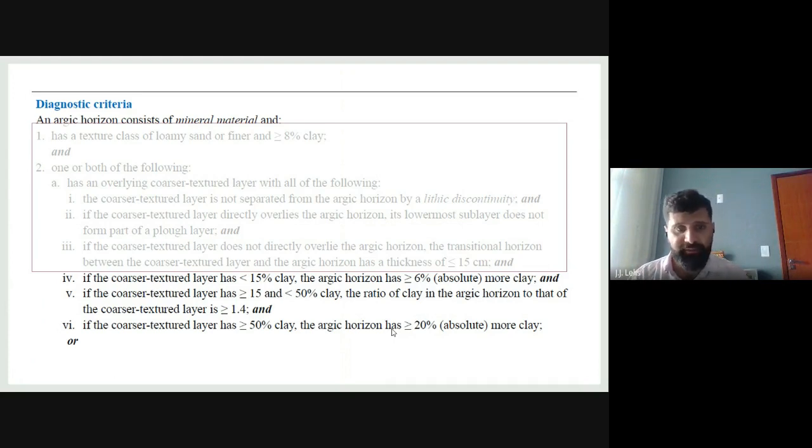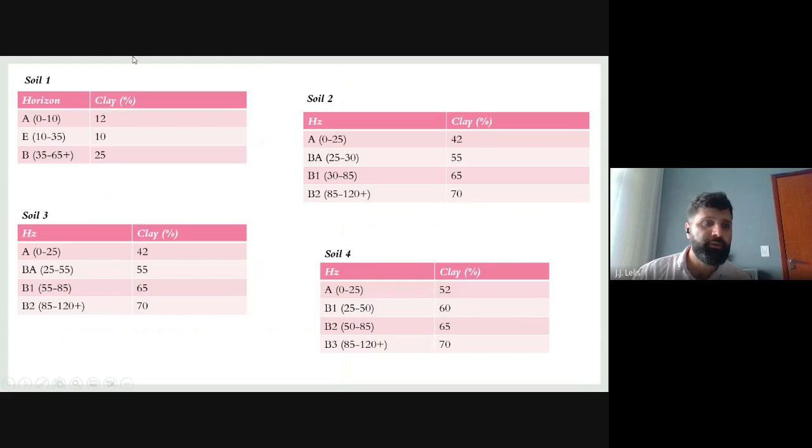Okay, let's see some examples. Soil number 1, we have an A horizon between 0, the surface, and 10 centimeters of depth. So the A horizon presents 10 centimeters. This E horizon is between 10 and 35 centimeters of depth, so it presents 25 centimeters of thickness.